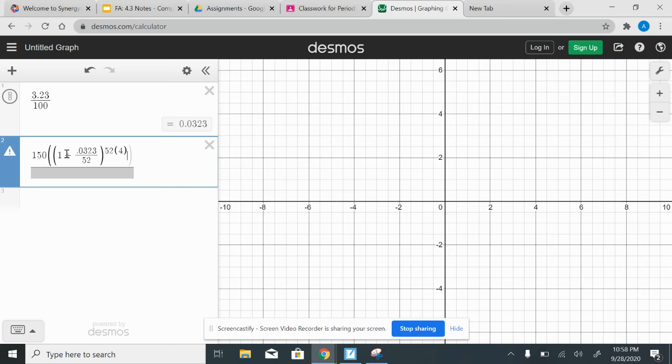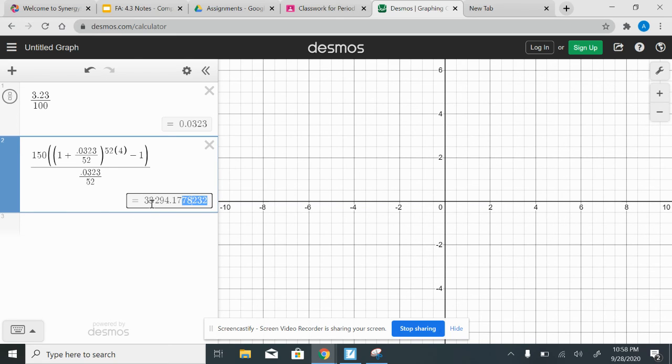That's still in my exponent, so I'm hitting the arrow key over so that I can type in that -1 with the final parentheses that it's reminding me I needed to have. And then in the denominator, we have R over N. So that's just 0.0323 divided by 52. Nothing crazy there.